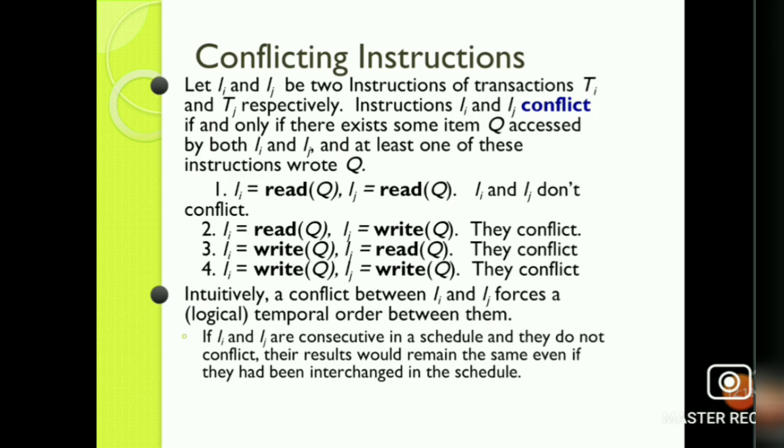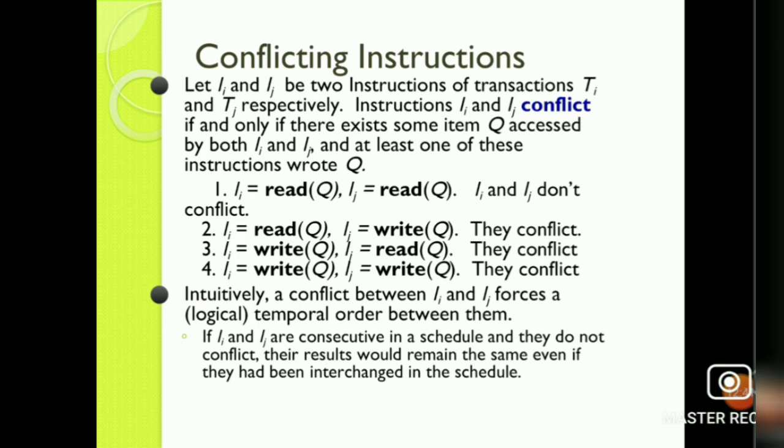First, if Ii is read of Q and Ij is also read of Q. When both are reading the data at a single time, they will not conflict. There will not be any problem.